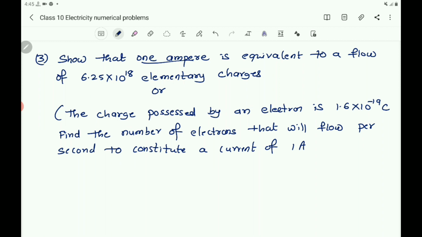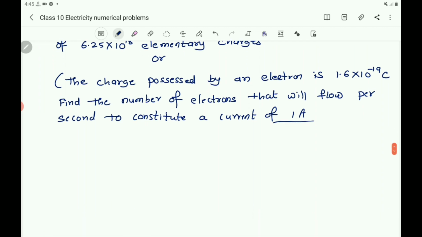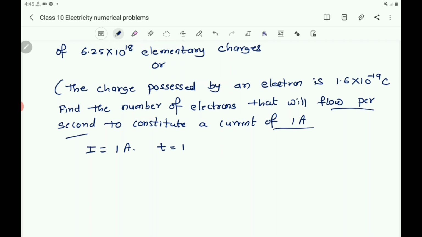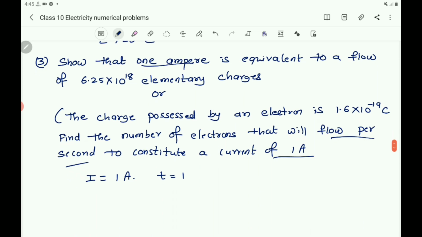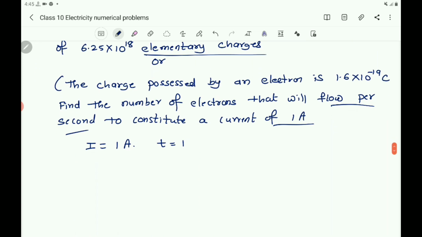Now, here the current I is equal to 1 ampere and T is 1 second. Here it is per second. So that is elementary charges per second, 1 second.